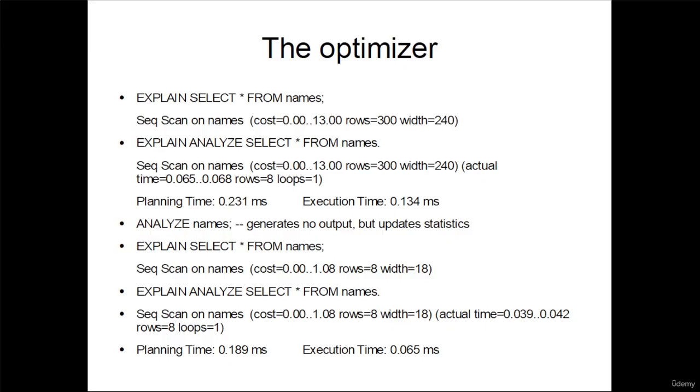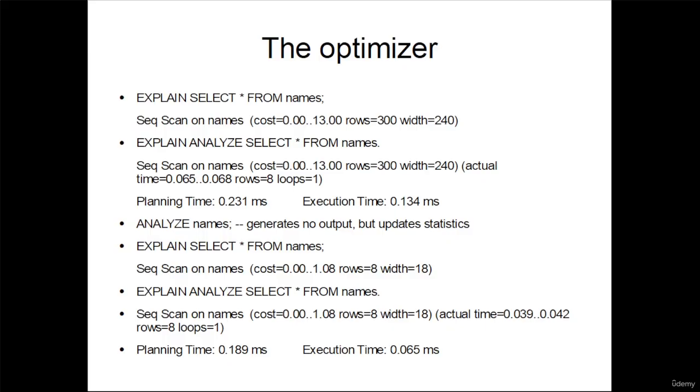Planning time, 0.189 milliseconds. Execution time, 0.065 milliseconds. The estimated and actual rows, 8, now align, and the costs and times are consistent. The lower planning and execution times reflect the optimizer's improved accuracy after updating statistics.